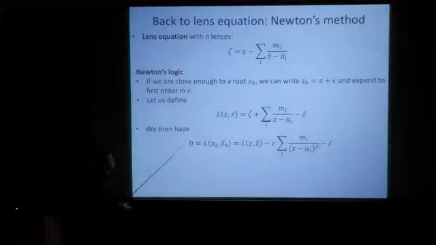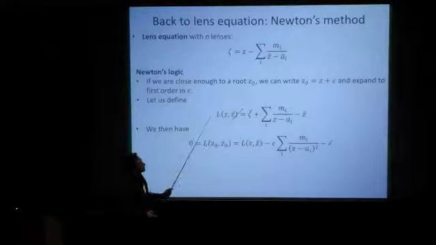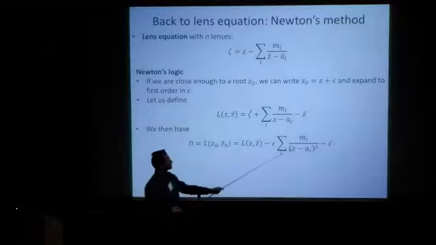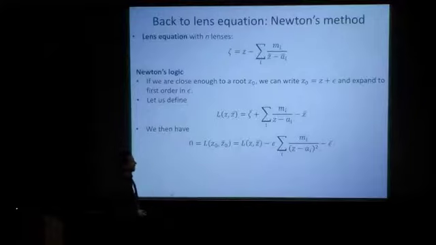So if we evaluate the lens equation function at the root, of course, we should get 0. But we can rephrase this thing using a first-order expansion. So this thing is equal to the current value of the lens equation function plus some small quantities in epsilon. So this is just a first-order expansion in epsilon.